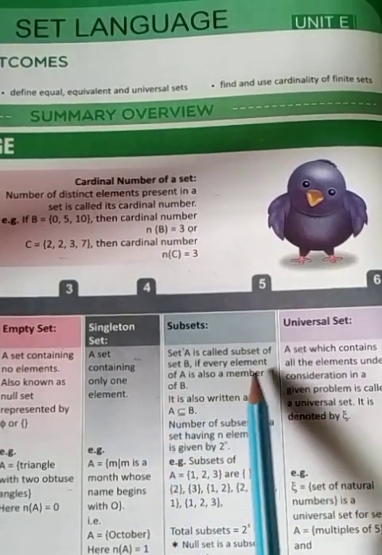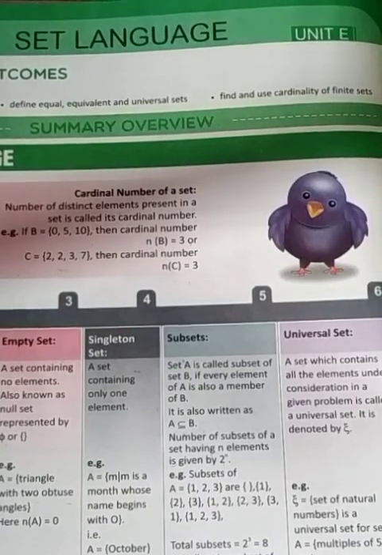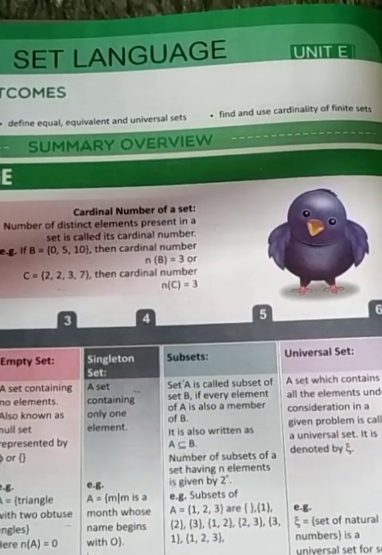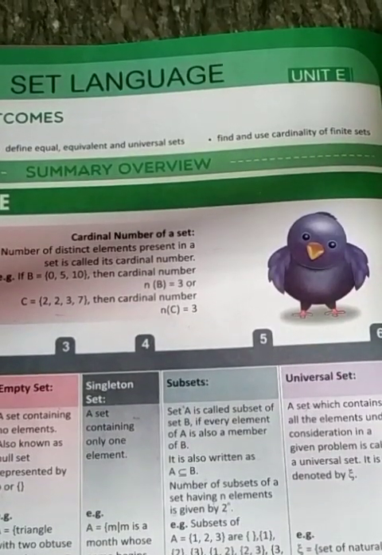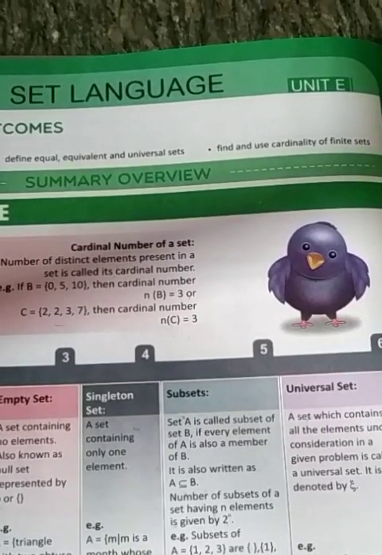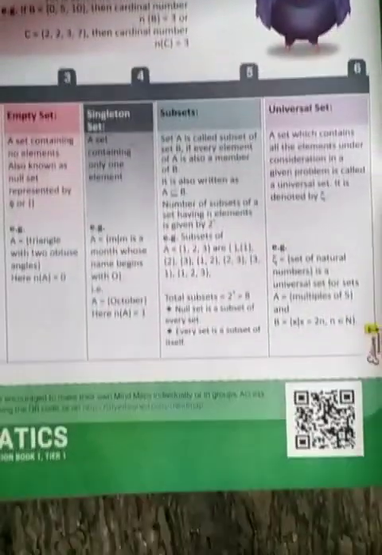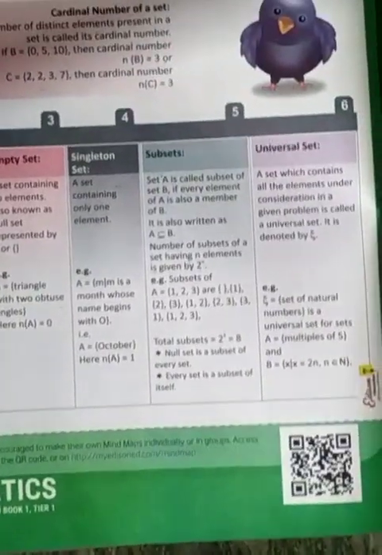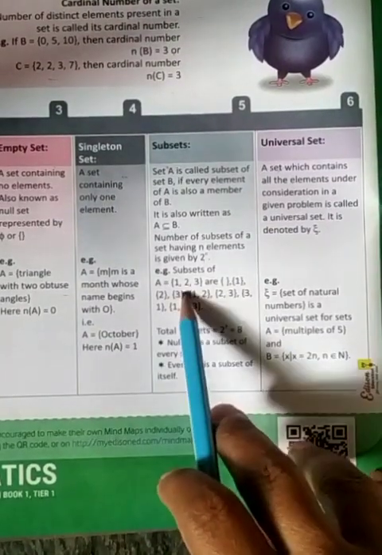A set A is called a subset of B if every element of A is also a member of B. Suppose in the set A they have given so many numbers, you can write them in splitting ways, as 2 sets, 3 sets, 4 sets or 5 sets also. That we call a subset. Here is one example they have given.